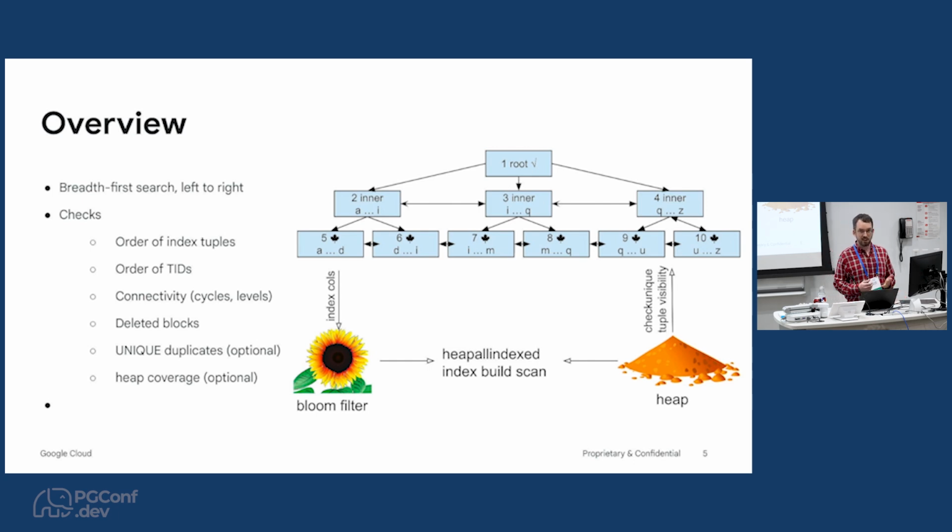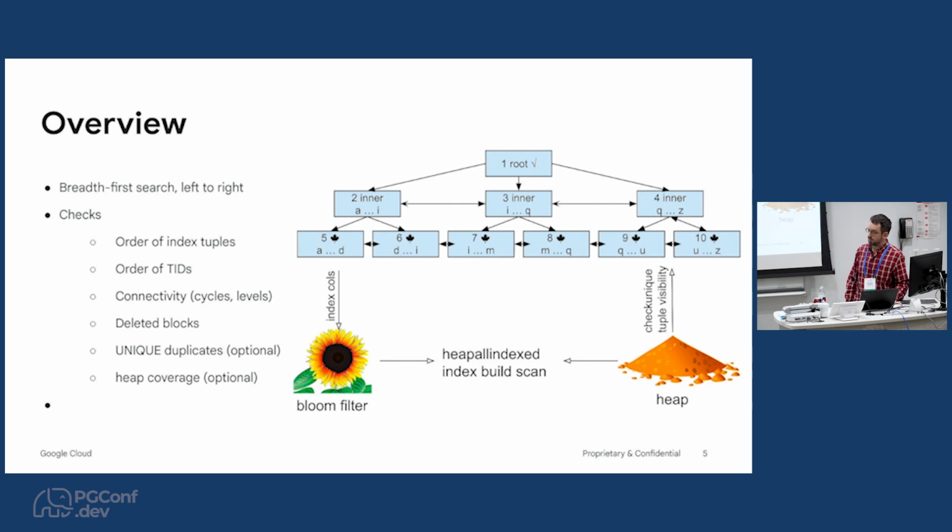The index column is usually the same as a heap column. If you have an expression index, it could be the result of that expression. Some more obscure things to test include tuple identifiers out of order within a posting list. I'll get back to posting lists in the context of one of the fixes that I'll talk about later.